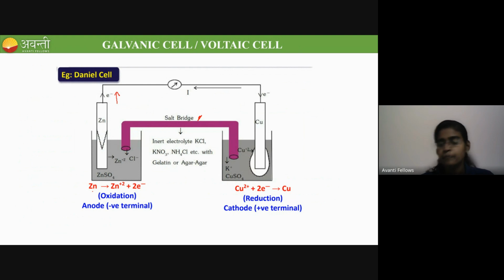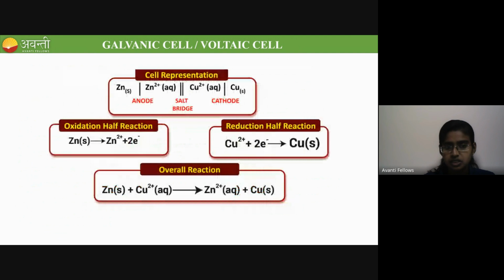How do we represent this oxidation and reduction? That representation is called the cell representation. Here we first denote the element which is getting oxidized, that is zinc. Zinc is getting oxidized to zinc 2 plus by losing 2 electrons, and this reaction occurs at the anode. You separate these two species with a line. In the same way, reduction occurs at the cathode, and copper 2 plus is getting reduced to copper.